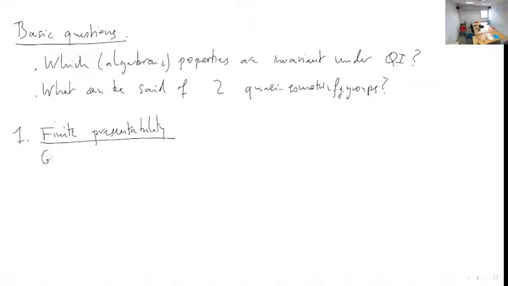So G is a group, and I fix a subset A in G. When I put it into single brackets, A, this is the subgroup generated by A. So this is the intersection of all the subgroups of G that contain A.